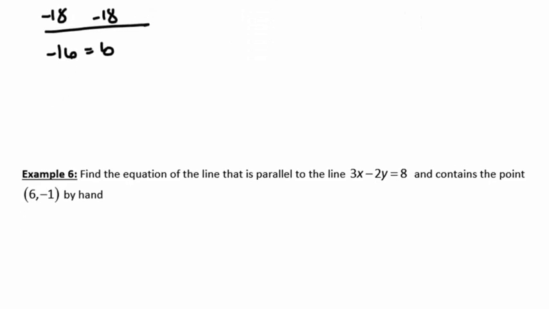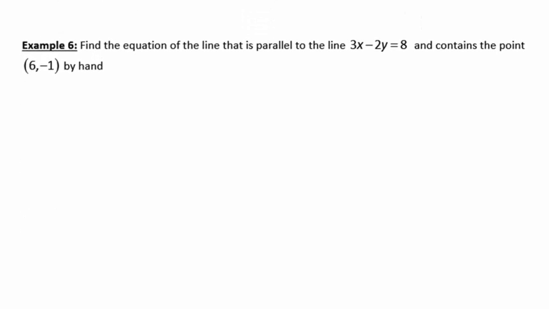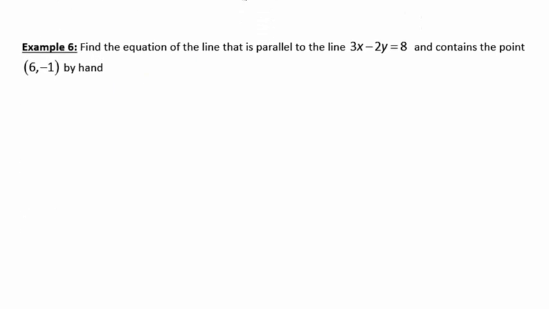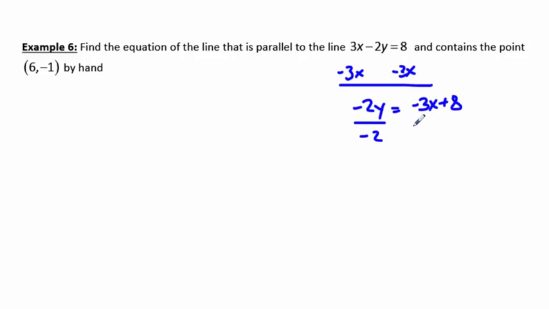In example 6, I want to write the equation of a line that is parallel to a given line. So my first step is to find the slope of the line that we're given. Since y is not solved for, I need to do that first. So we need to subtract the 3x from both sides. So we get negative 2y equals negative 3x plus 8, divide by negative 2.